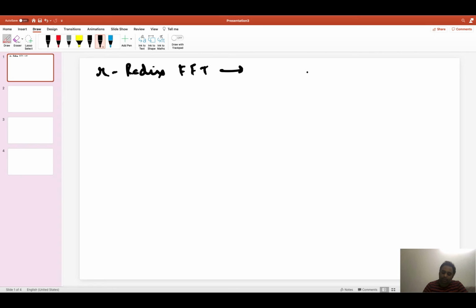Before even we get into the discussion, the most common one is 2-Radix FFT. Sometimes in books it's written as the 2-Radix FFT of xn. So people wonder, what do we mean by 2-Radix? We'll just talk in general about r-Radix, and 2-Radix happens to be one of the special cases.